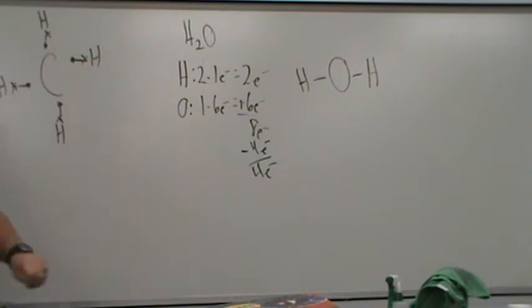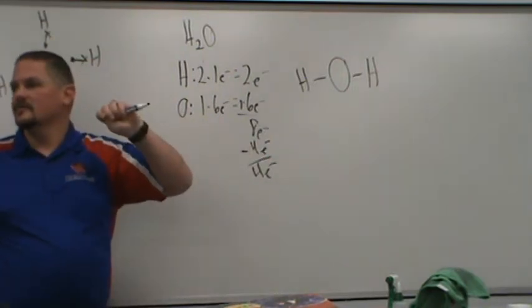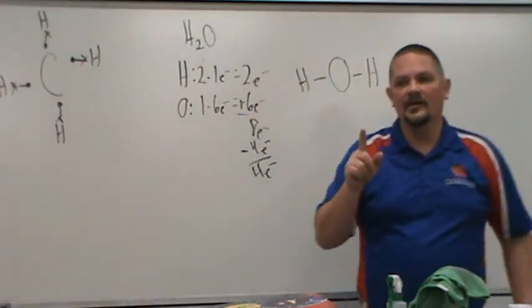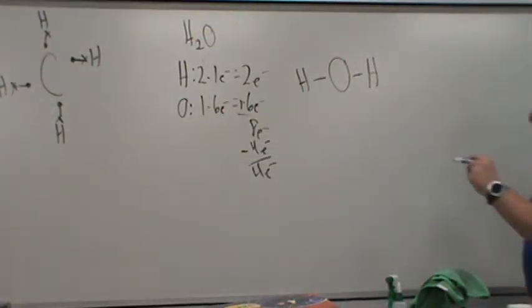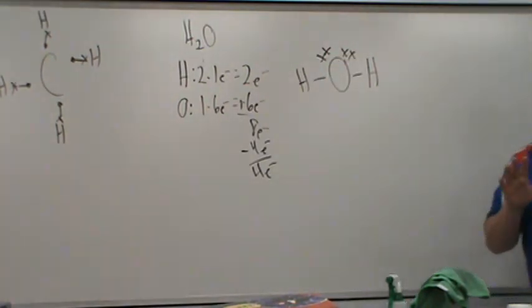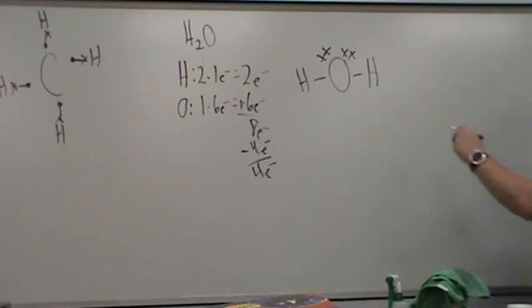Okay? So guess what we're going to do with these 4 remaining electrons? We're going to put them on oxygen. Now, when we put them on oxygen, we're going to put them as pairs, because electrons like going around in pairs. Now, these pairs actually do have a name to them.